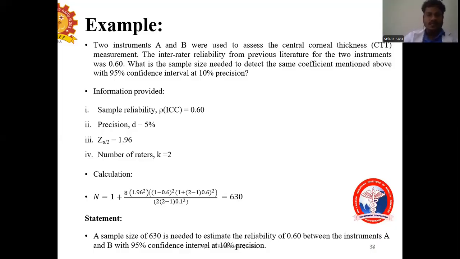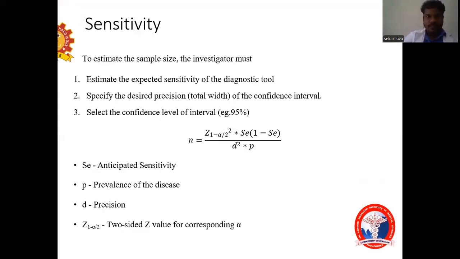You should mention it like this: a sample size of 630 is needed to estimate the reliability of 0.60 between the instruments A and B with a 95% confidence interval and 10% precision.